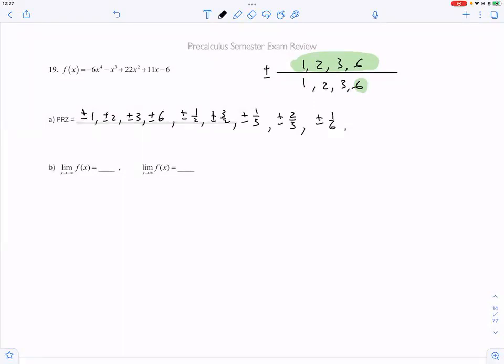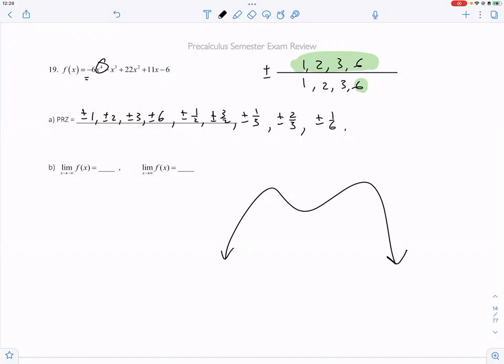Okay, all right. Now this is a negative, and the highest degree is 4. So that means the graph should somehow start low and end low.